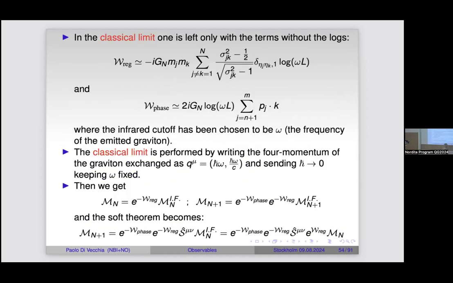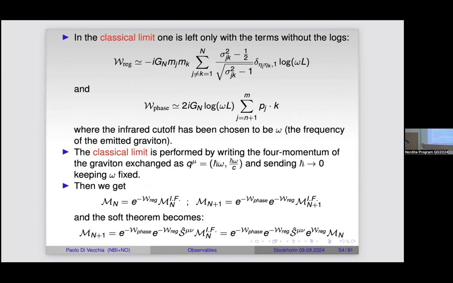Now, in the classical limit, the log part of this term can be neglected. In the classical limit, these are the two expressions for the one loop diagram: this one if you have a massive particle, and this one if you have a massless particle.